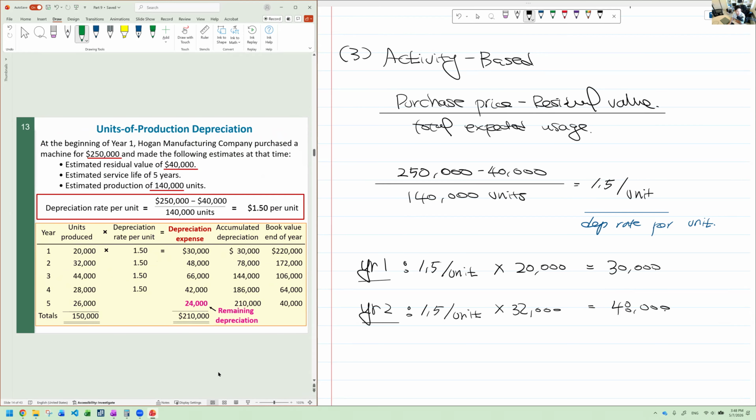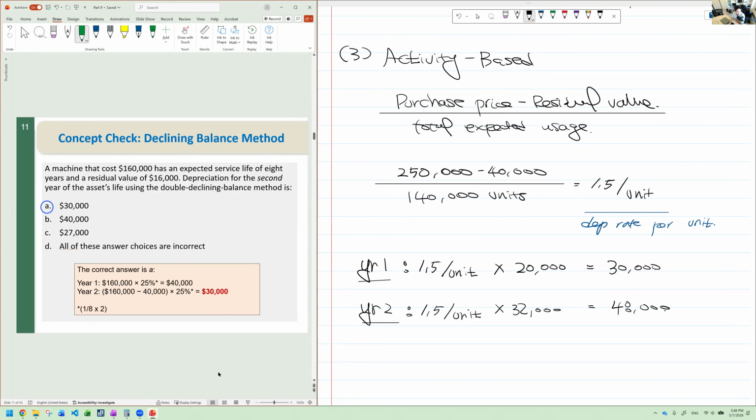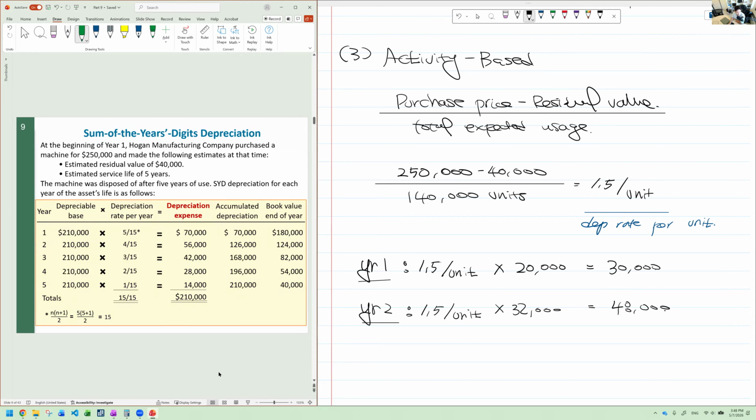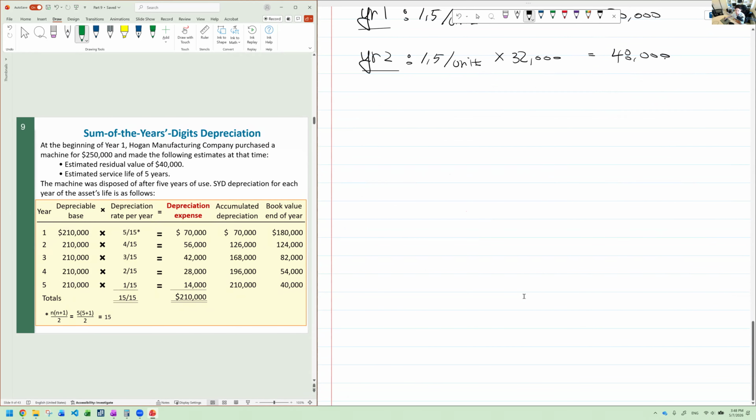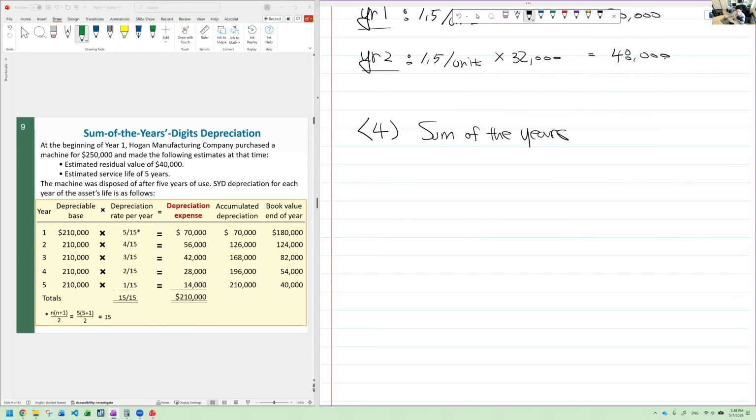Oops. I think I missed one method here. Oh, yes. There's a fourth method, and it's called the sum of the years method. Now, personally, I have never seen a company using this sum of the years method.